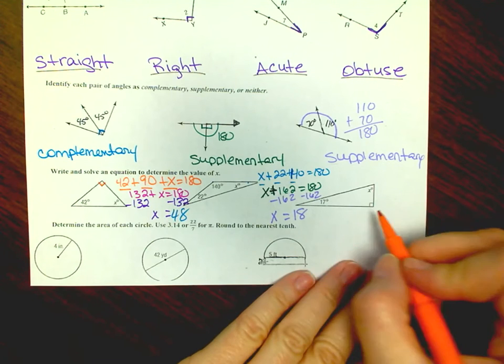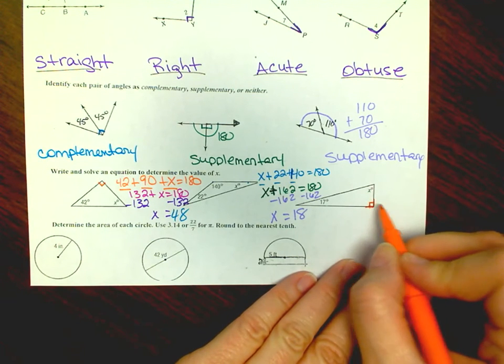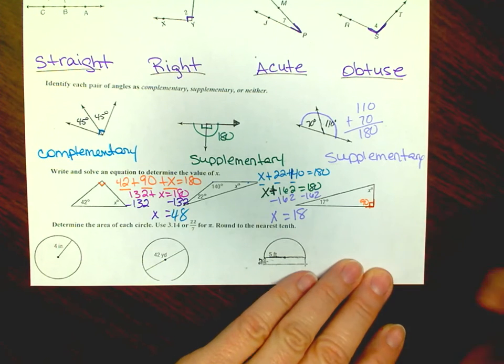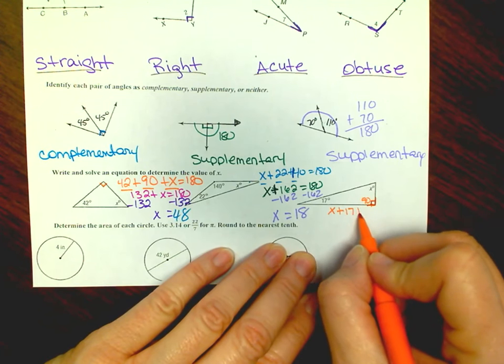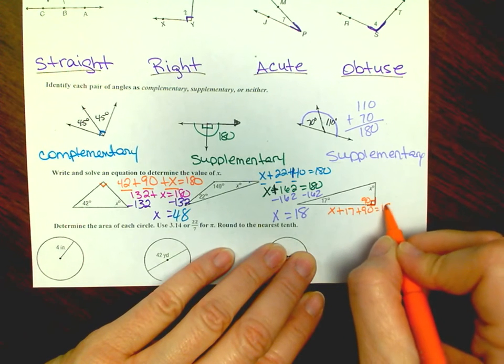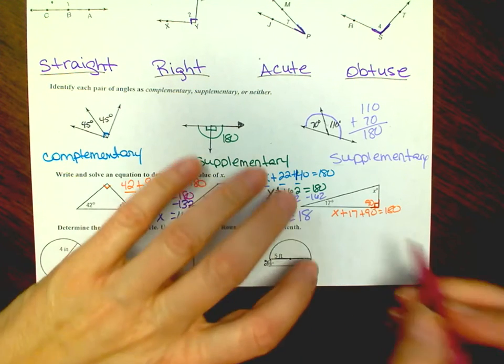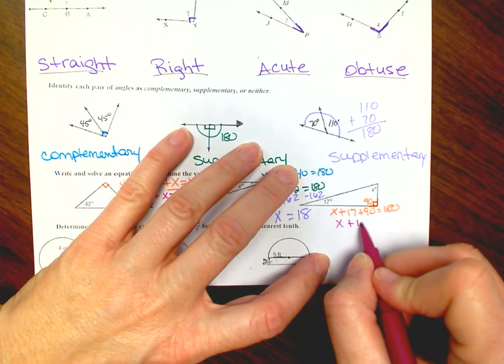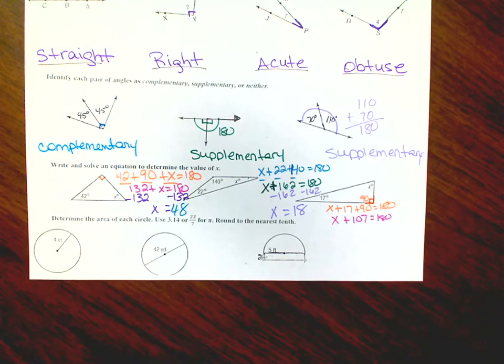For our last one, again, there's no number there, but this lets me know this is a 90-degree angle. It's a right angle. So I'll have x plus 17 plus 90 equals 180. So 90 plus 17 gives you 107, plus x equals 180.